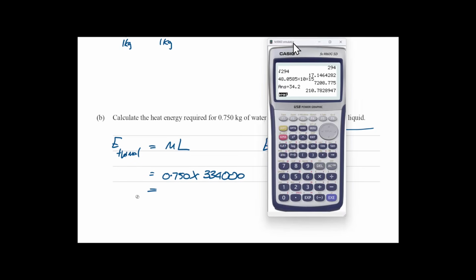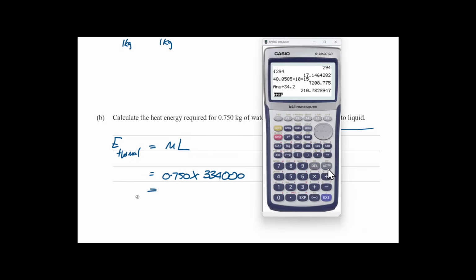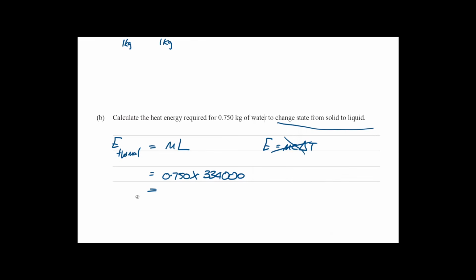Okay, well, now it's just a matter of grabbing our good old calculator. Let's clear all of that. 0.750, but I mean, it doesn't matter, times this huge number, 250,500 joules.